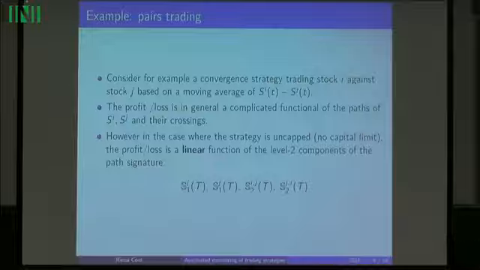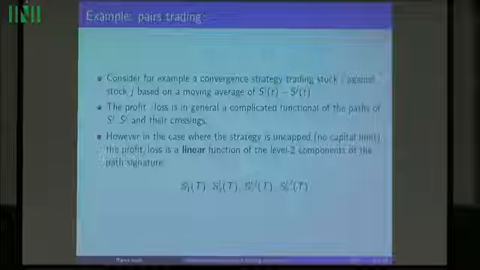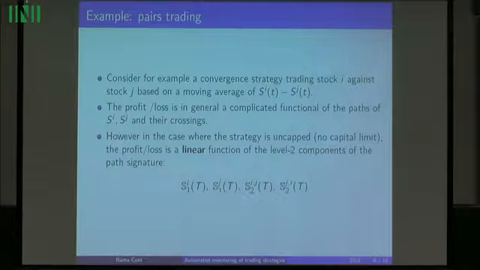So in this very specific case, although it depends on the entire path in a complicated way, if you don't look at the path only through its increments, but also through these multiple integrals, then you can linearize this relation in a simple way.